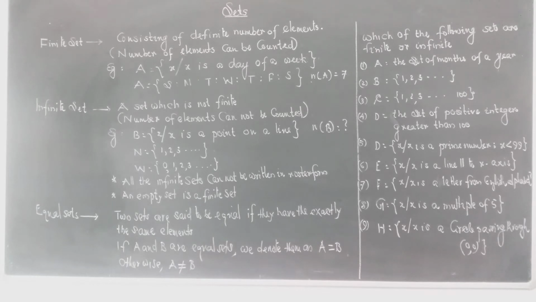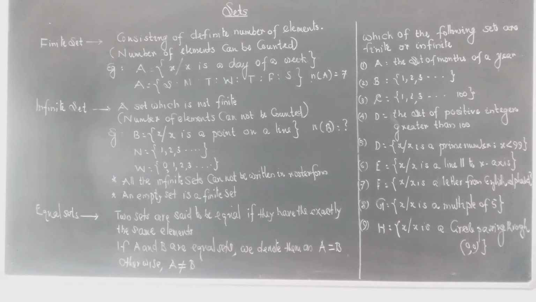The same sentence we are writing down in a different way. A set consisting of definite number of elements. The same meaning, definite number means we are able to count and say exactly how many elements are there in a set. We can easily count and say. Take an example of your class.